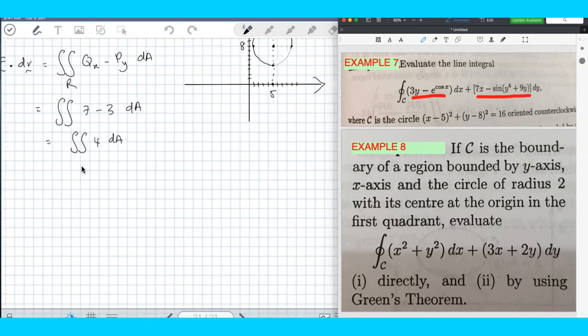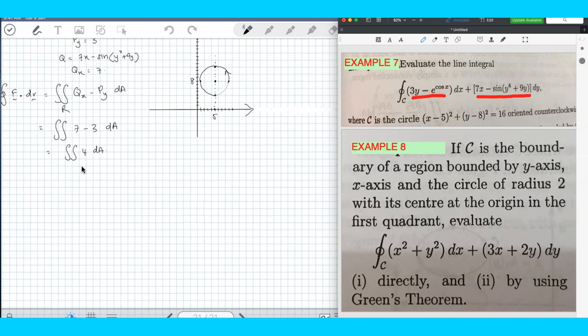Now we have to solve this double integral. Because our region is a circular region, we might solve this using the polar coordinate system.